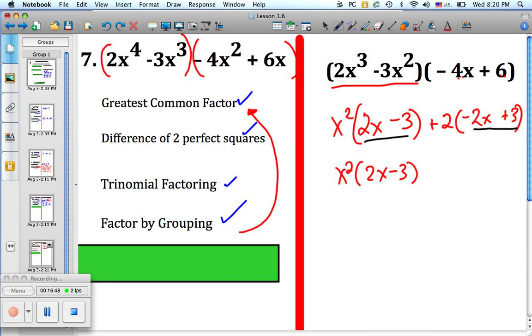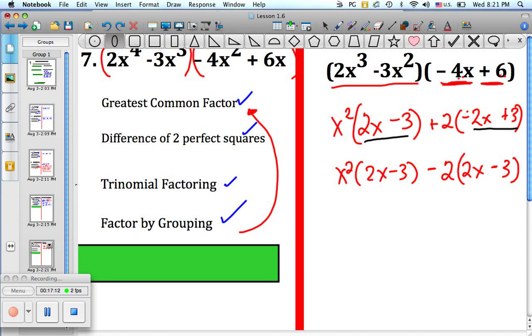I'm going to keep that, but instead I'm also going to factor out a negative. So I really have factored out a negative 2. So negative 2 times positive 2 gets me the minus 4x I'm looking for. And I'll make this negative 3 because negative 2 times negative 3 makes that the plus 6 I'm looking for. And awesome. Now I've got it.